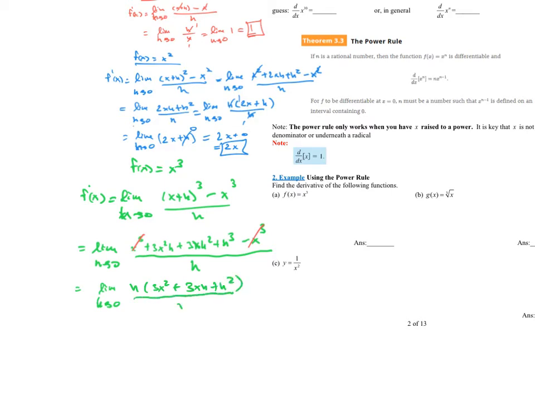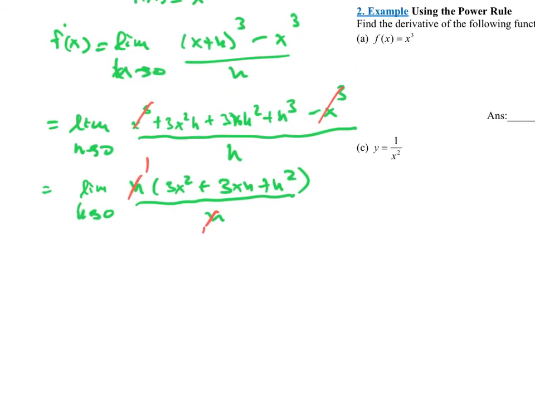All of this is over h. Our h is simplified. That left us with the limit as h approaches 0 of 3x squared plus 3xh plus h squared.